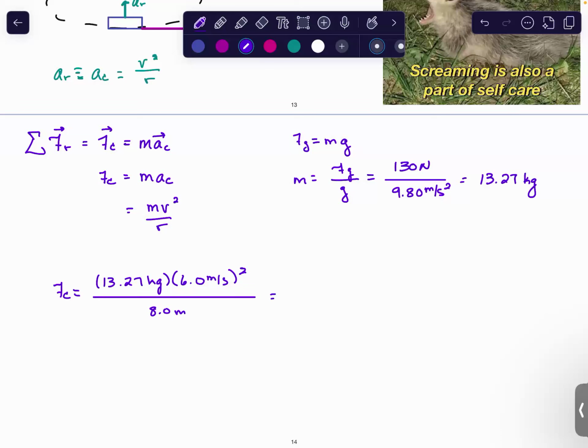And we end up with a radial or centripetal force of 59.7 newtons.